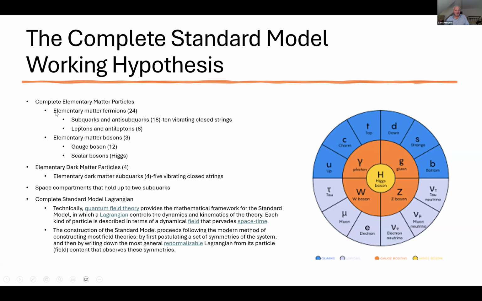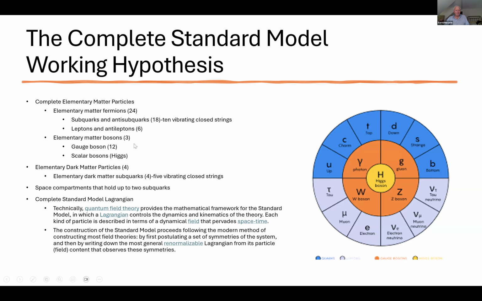We have matter, which has 24 fermions in it here, with 18 10-string closed quarks and subquarks as the real basic units here. And then we have these leptons and antileptons.